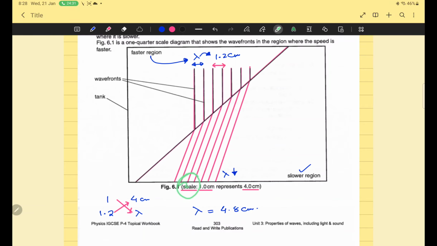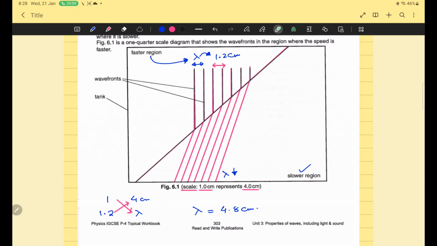If this is a scale diagram, then by using a ruler, you will measure the wavelength. And the wavelength is the separation between any two wavefronts. Obviously this is a digital diagram. If you have a printed diagram, then by using a ruler, you can measure the separation between any two wavefronts.